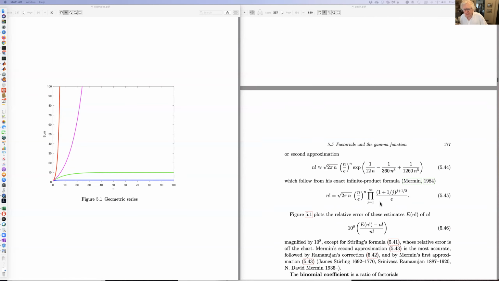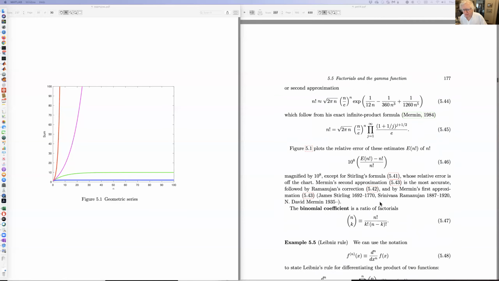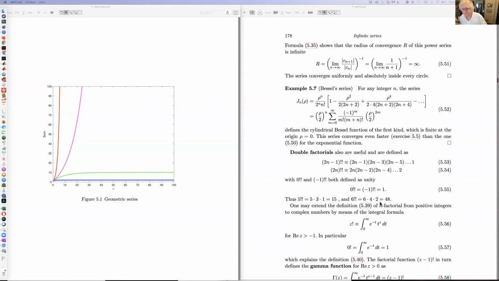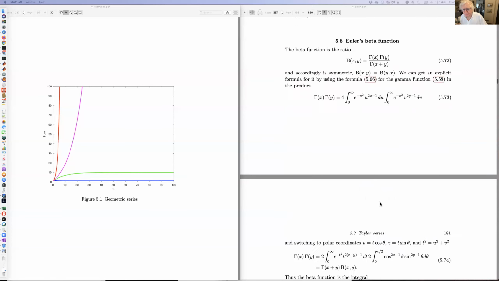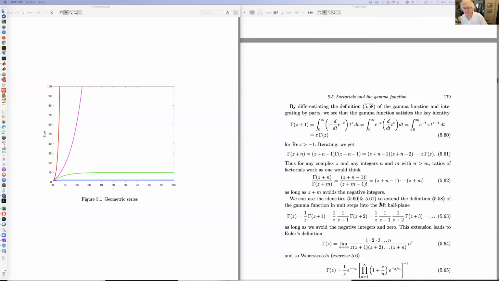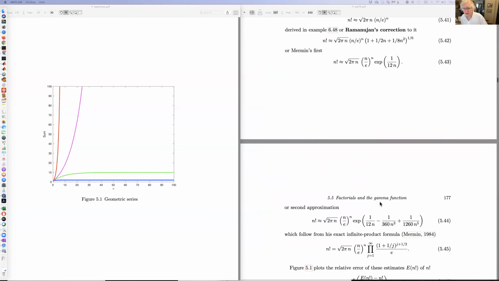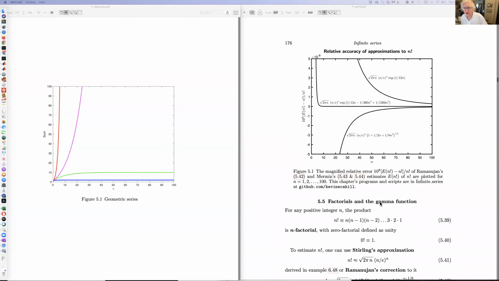Anyway, in the book there's a plot that shows you how, where the hell is the plot? Did I skip it? I might have skipped it. Yeah, here we are. So this is the relative accuracy of these approximations.